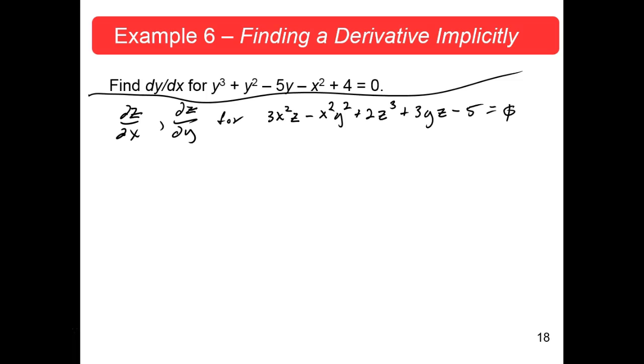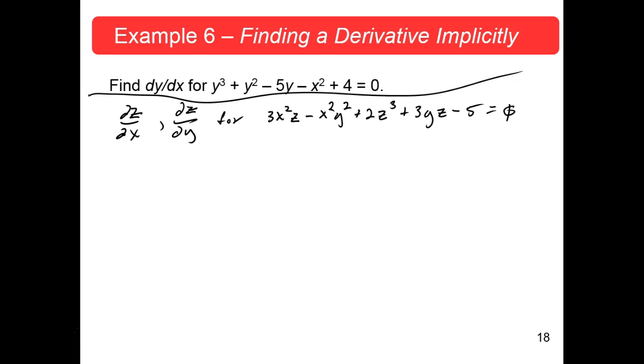Now, let me just throw out a suppose here. I probably should have done it on the last one, but what if everything here is equal to 5? You know, that minus 5 is on the other side. That wouldn't look like it would fit the bill, but all you have to do is move the 5 over and make it equal to 0.